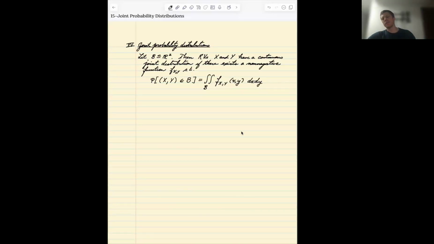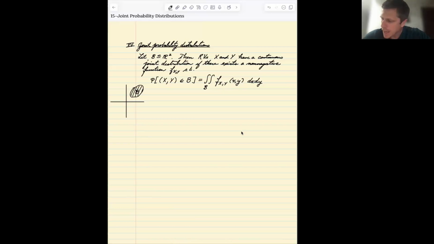It's the same concept, except now we have some two-dimensional curve that is assigning a density to every pair of points, and we're looking at the area still under that curve, but the area is now in two-dimensional space. So for example, if this is B, then we would integrate over that region.